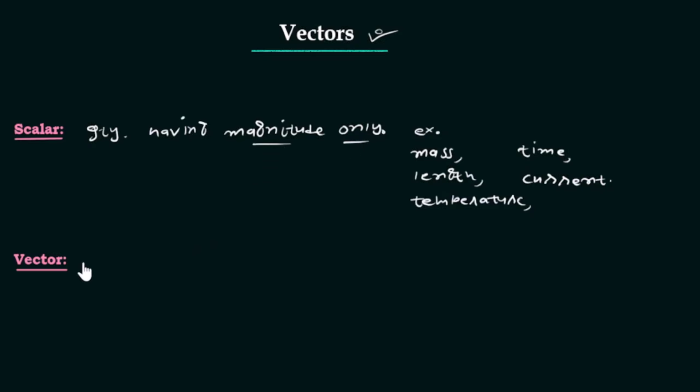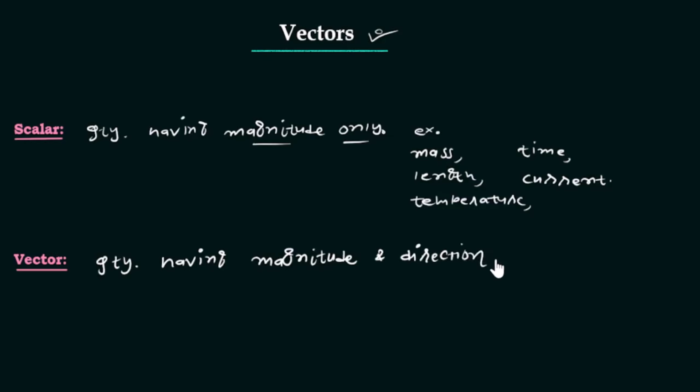Now what is a vector? A vector is the quantity having magnitude and direction.